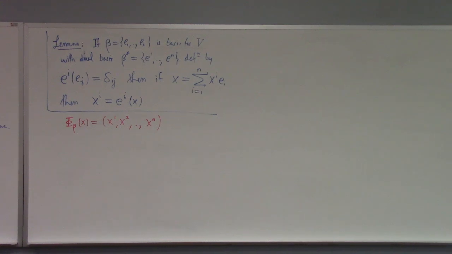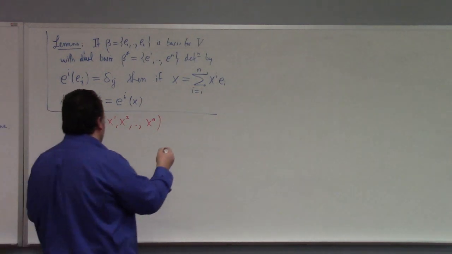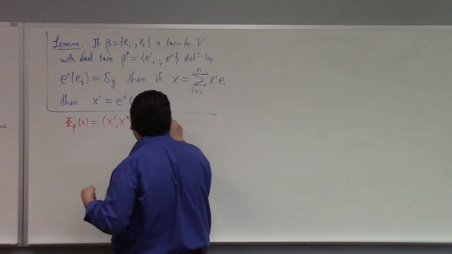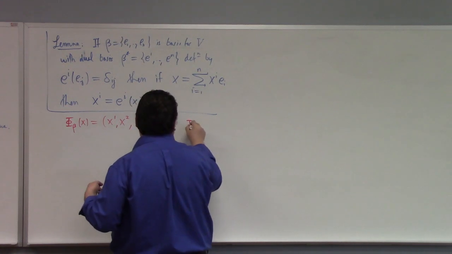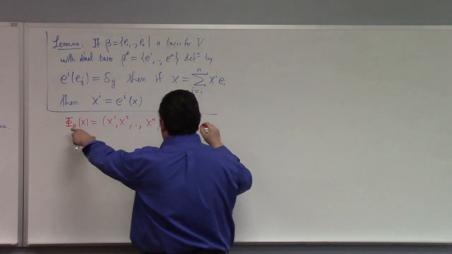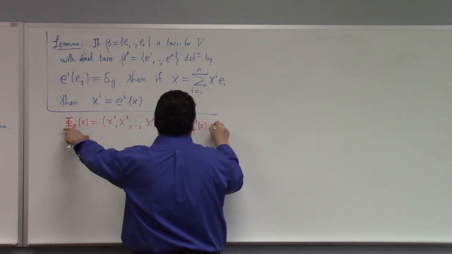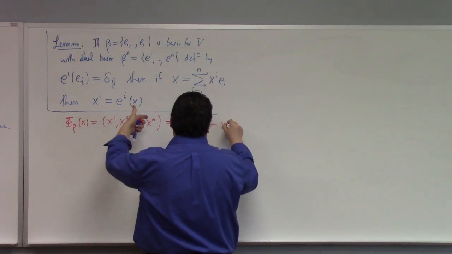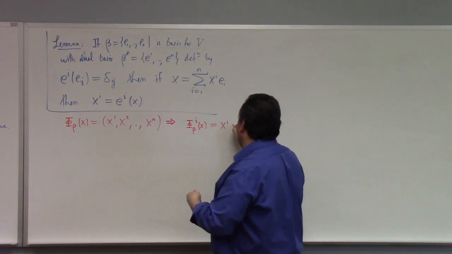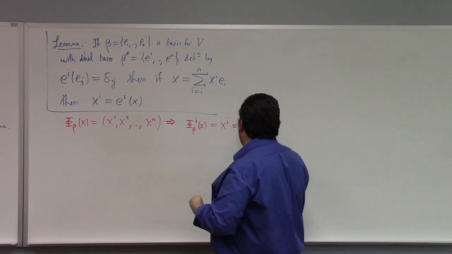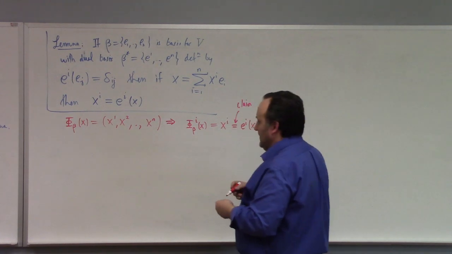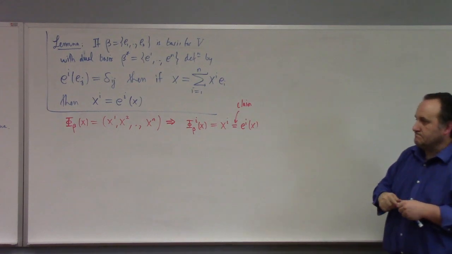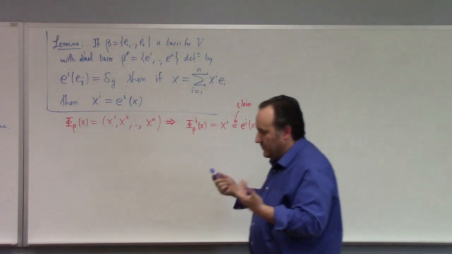This tells you that if we look at the ith component function of this, it's equal to x upper i. My claim is that that's equal to e upper i of x, right? Claim. I haven't shown it yet. Let's prove that claim, okay? How should we prove it?